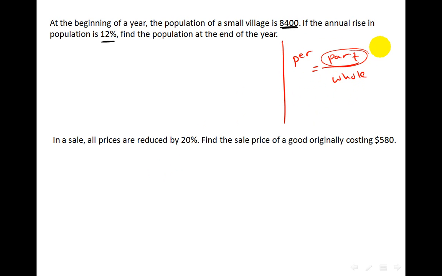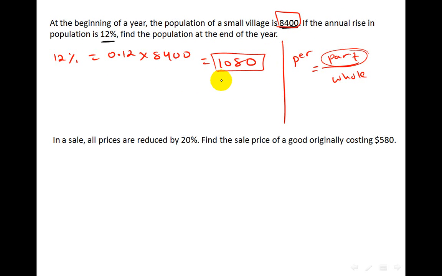Anyway, 12%, once you change it to decimal, it will be 0.12. So this 0.12 must be multiplied by the original amount, 8,400, and it will give you 1,008. Okay, so the rise in the population is 1,008.